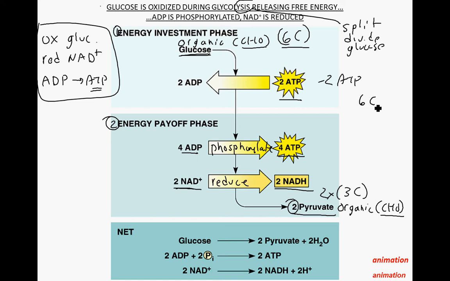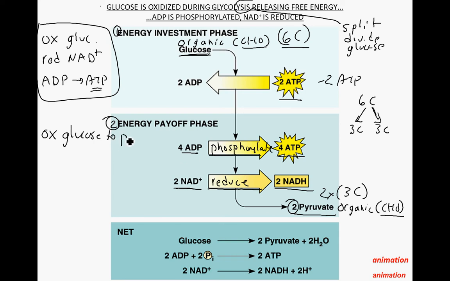So we're going to go a 6-carbon, and it's going to be split into two 3-carbon molecules. This splitting here frees up some energy to do this phosphorylation and frees up some energy here to do this reduction.